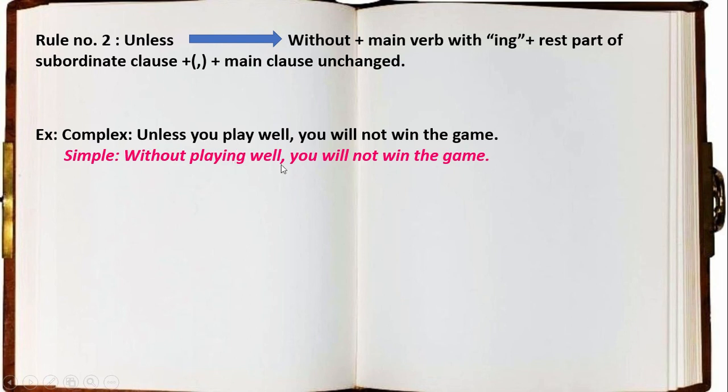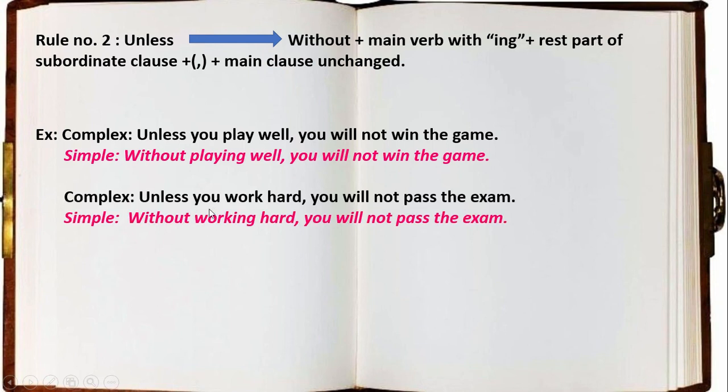Play becomes playing and then the rest part of the sentence. Without playing well, you will not win the game. Another example for you. Unless you work hard, you will not pass the exam. So instead of unless, we will write without, then main verb with ing. Without working hard, you will not pass the exam.